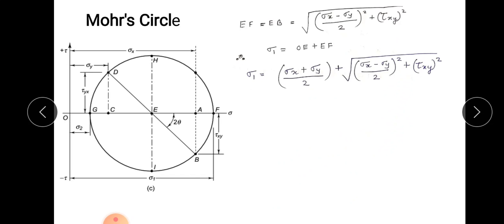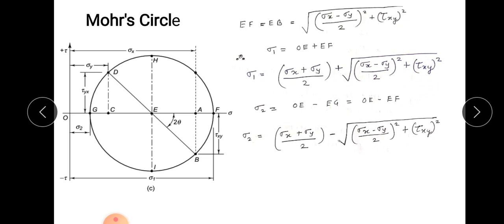OE plus EF. You can look into this figure again. OE plus EF is nothing but sigma 1, the maximum principal stress. So sigma 1 is equal to OE, which is (sigma x plus sigma y) by 2, plus the square root of the above expression. With the help of this equation you can calculate the maximum principal stress sigma 1.